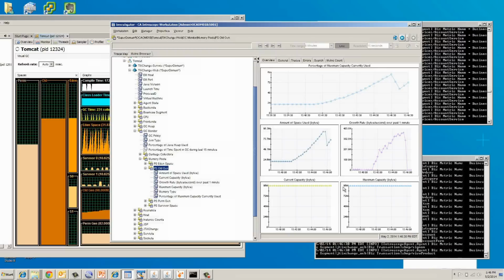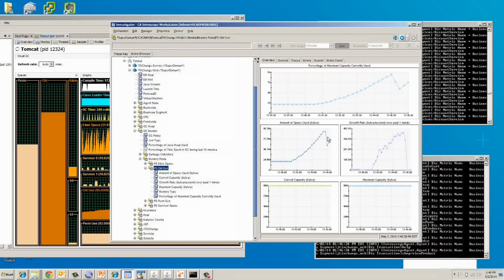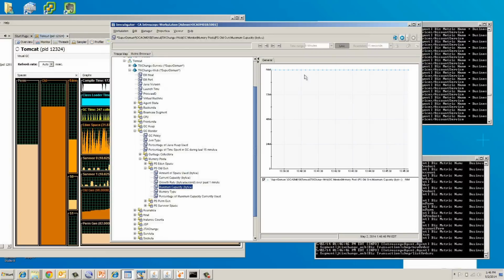Okay, maximum capacity is about 96 megs. And for the amount of space being used, I can see that it got up to 95, and then I garbage collected. So there's my 96. This is the boundary of this memory pool, and then how much memory is being used.